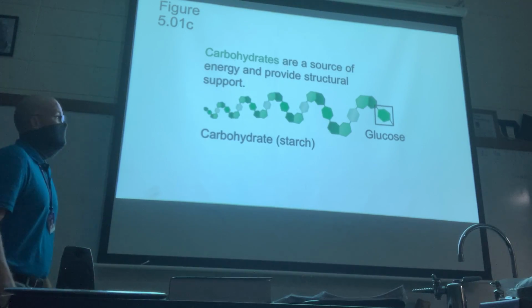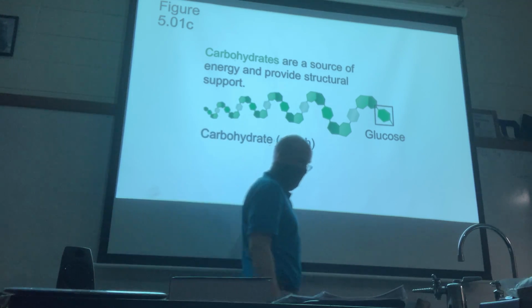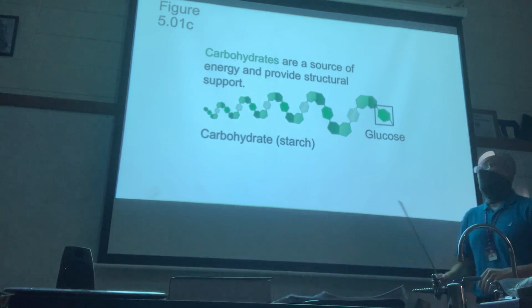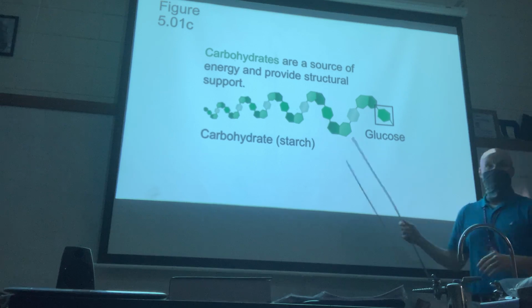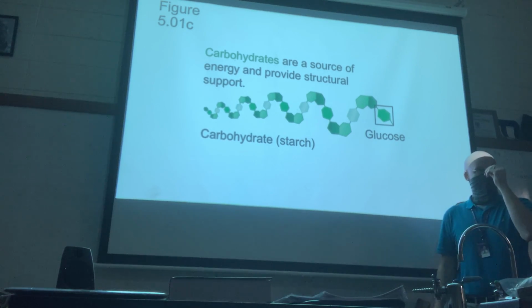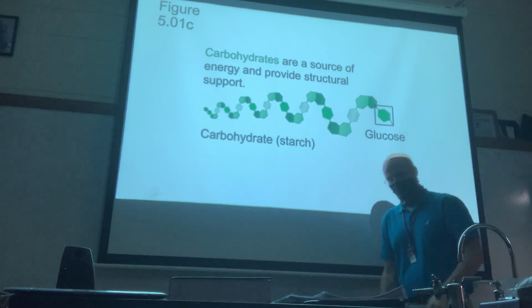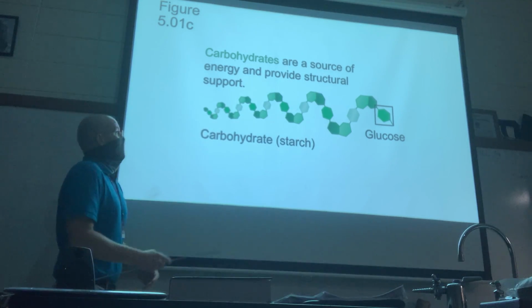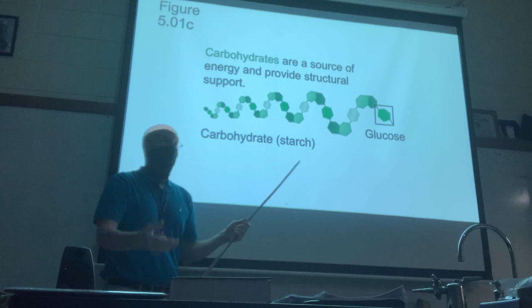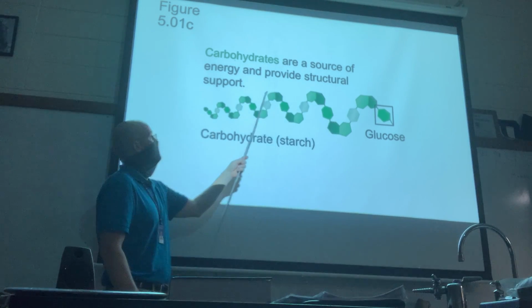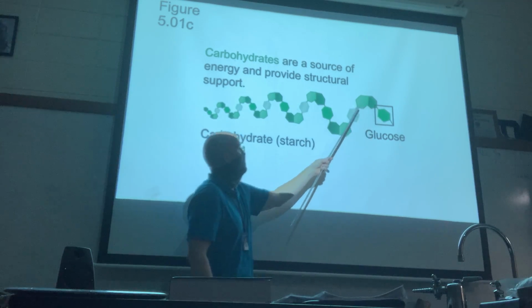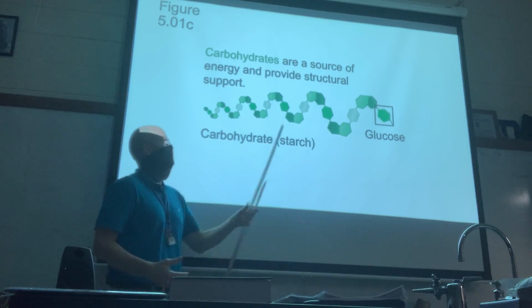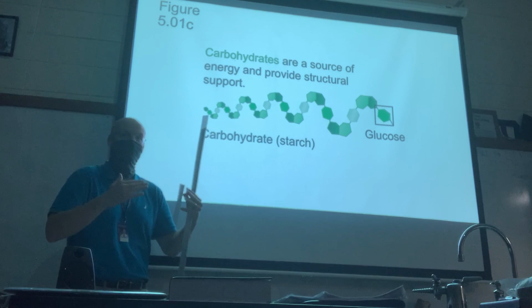And that is exactly what we see in carbohydrates. You can have the monomers by themselves, like glucose, which is a sugar. It is a lot like table sugar, but table sugar is a little different. We'll talk about it. And when you say things like starch, those are carbohydrates that are a bunch of these glucose molecules bonded together in certain ways that can form certain patterns or shapes of chains.